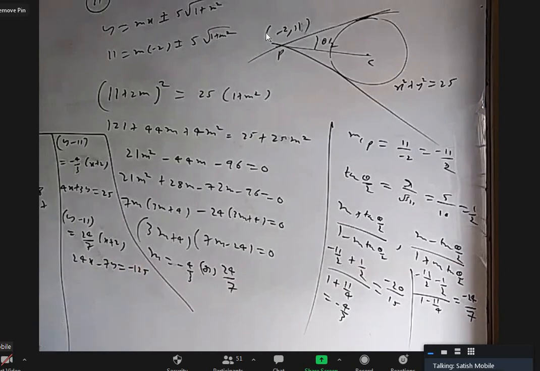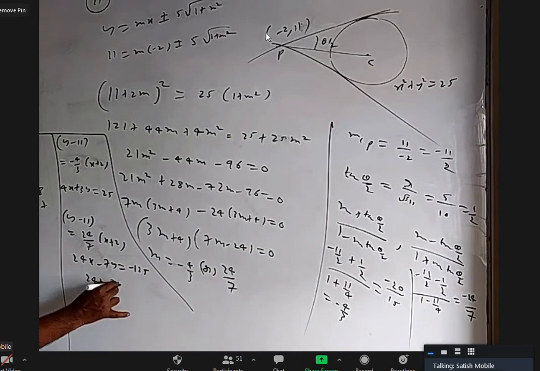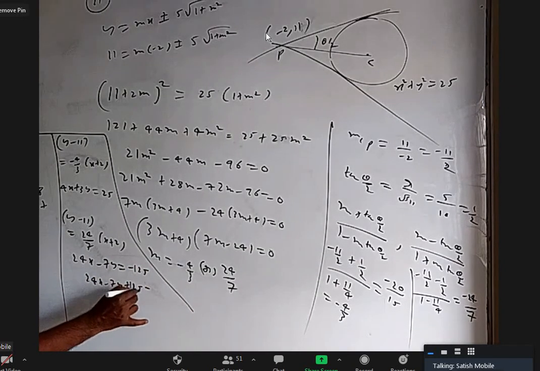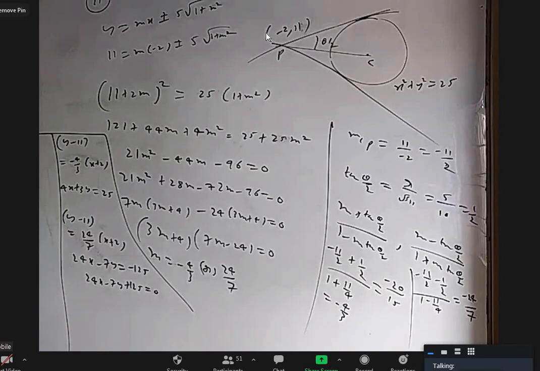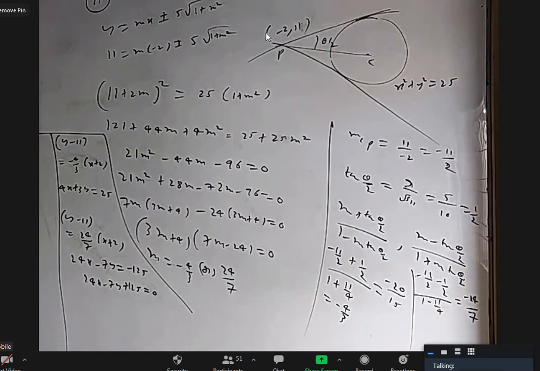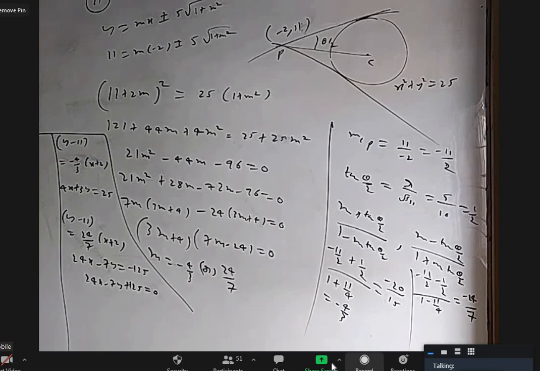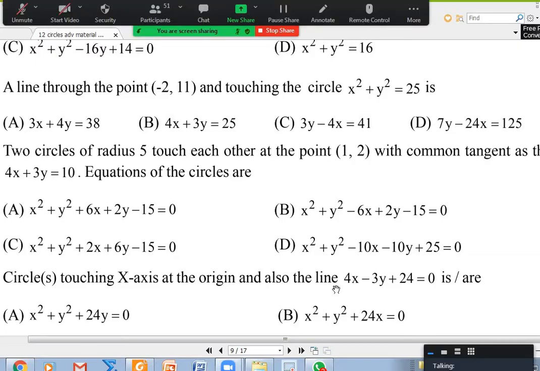So 24x minus 7y plus 125 is equal to 0. We have 4x plus 3y equal to 25, and one option, 24x minus 7y plus 125. Option D. B and D.